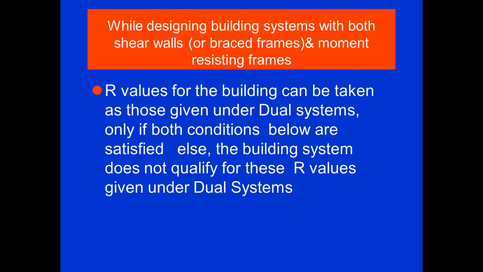Next, while designing the building system with both shear wall or brace frame and moment resisting frame, the R value for the building can be taken as those given under the dual system only if both the conditions below are satisfied, else the building system does not qualify for the value of R. R is nothing but the response reduction factor that we have already seen in the last lecture. So these values must be carefully taken from IS 1893-2002 as per the requirement.